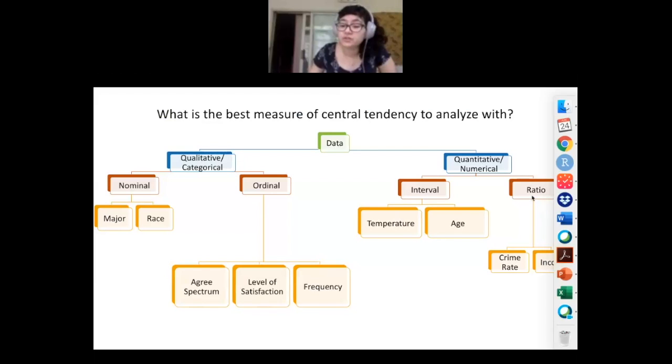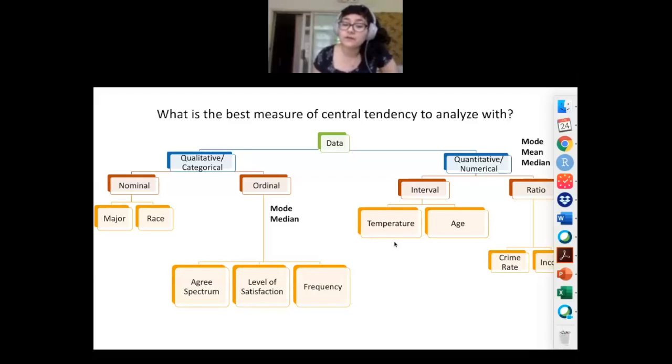For ratios, we can usually use the mean, mode, and the median because if we take those outcomes and put them on the x-axis, we can see the number of people who do that, and we can draw a line because there is a true 0 point, and we can present a curve. So we can use the mode, mean, and median to analyze ratios and understand how they're distributed within our population.